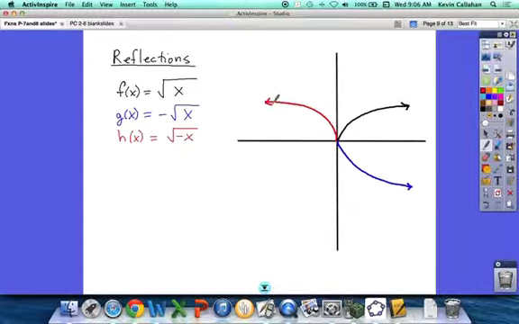So the way the book says it, this is a reflection in the x-axis.